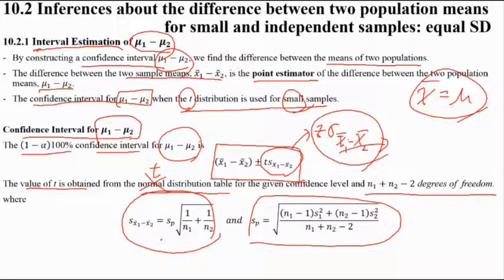Here, for sigma, the standard deviation for the sample, we use this formula, and Sp from here. So we find that and that here. A little more complicated, right?